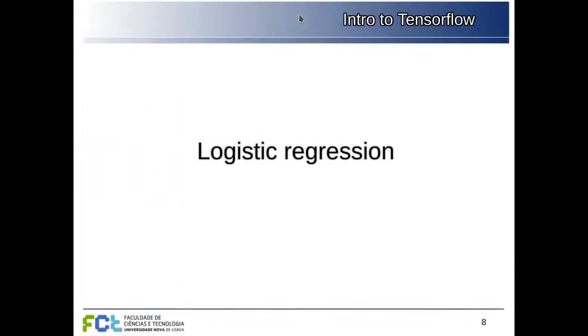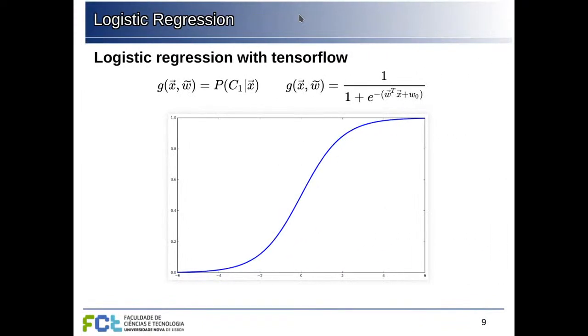Okay, so let's implement logistic regression in TensorFlow using stochastic gradient descent to obtain our parameters. The idea of logistic regression is that we have a function that has some parameters that we can adjust, which we want to use to approximate the probability of a given point belonging to class 1.